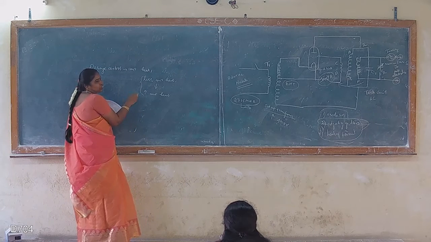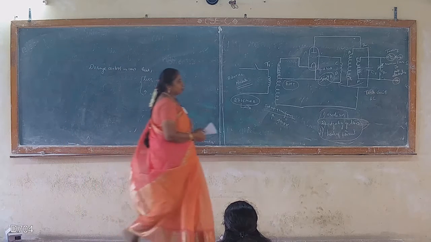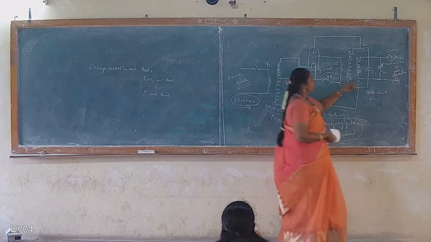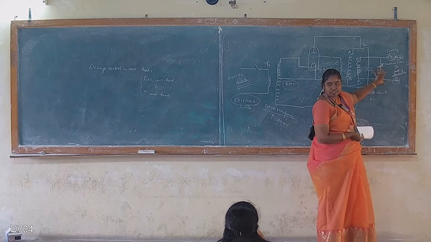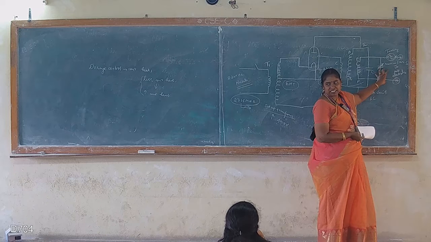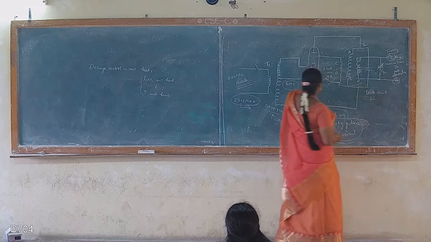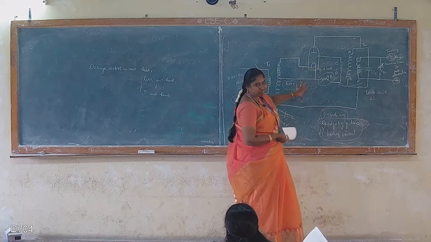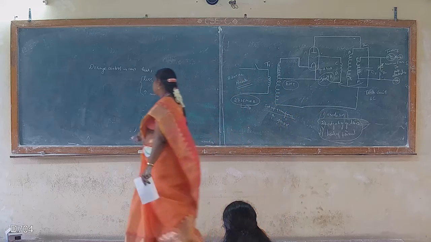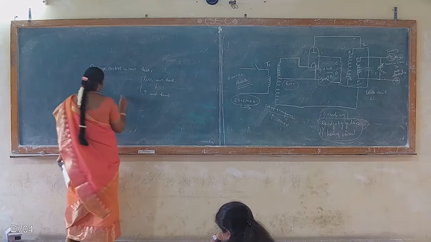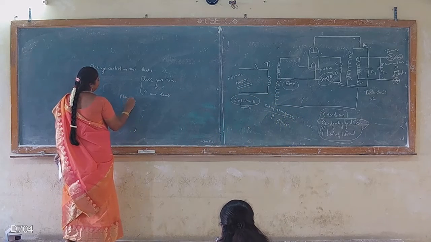This dosage control can be adjusted manually, either by adjusting the capacitor, or the filament voltage, or the anode voltage, and so on. All these things are done manually only.